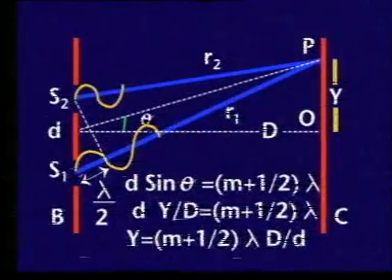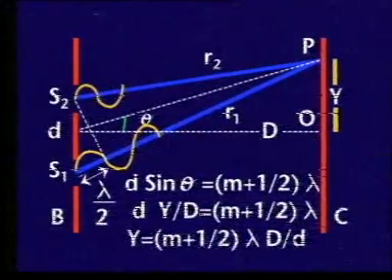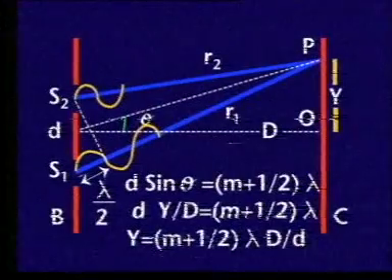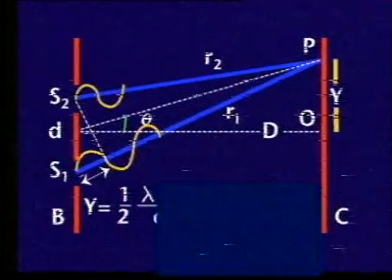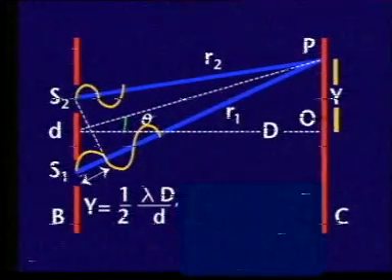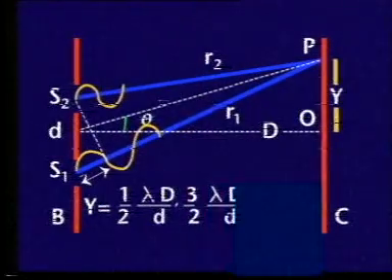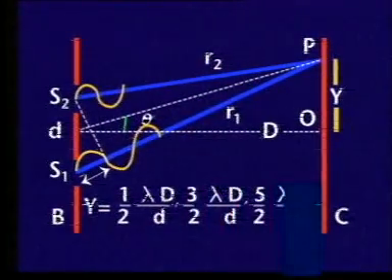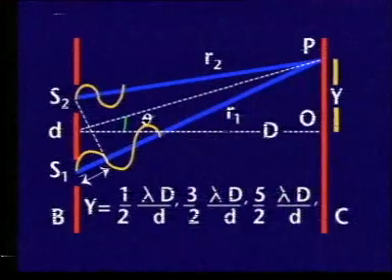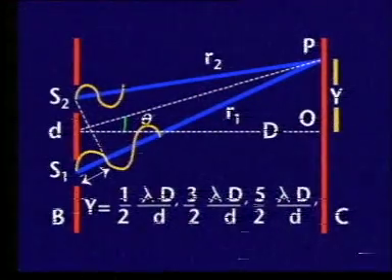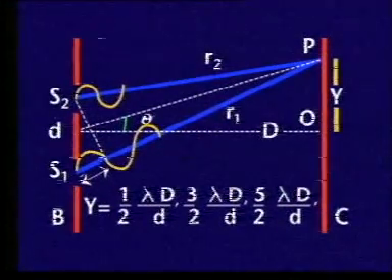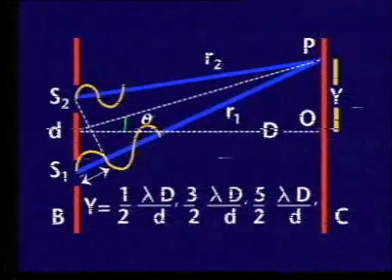Putting the values of m equal to 0, 1, 2, 3, and so on, we get y is equal to 1 by 2 lambda D over d, 3 by 2 lambda D over d, 5 by 2 lambda D over d, and so on. This means that at these distances from point O, the screen will be on dark regions.